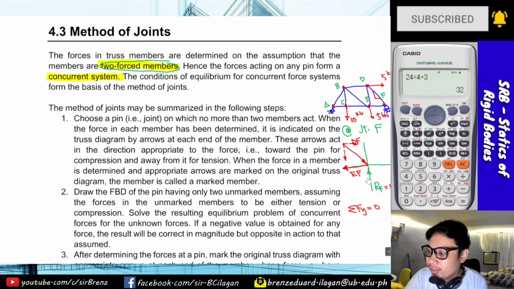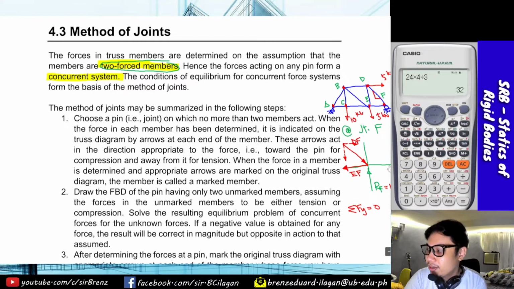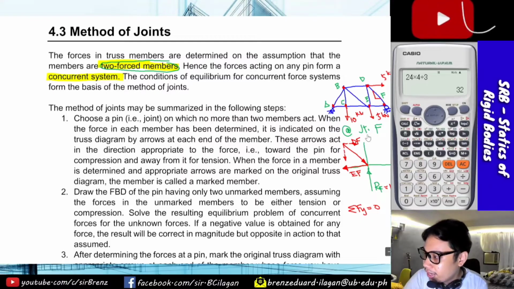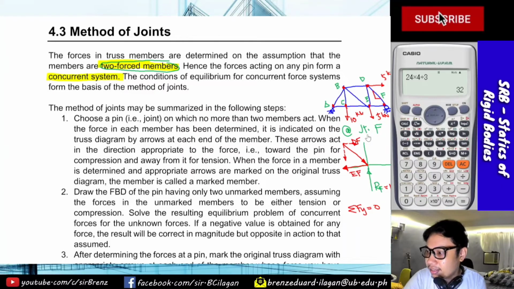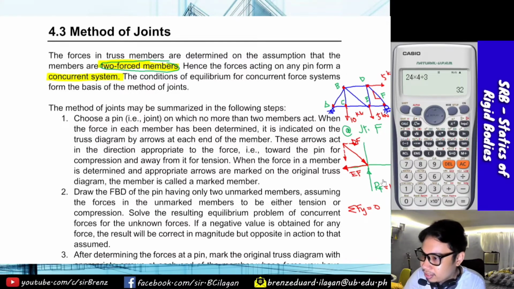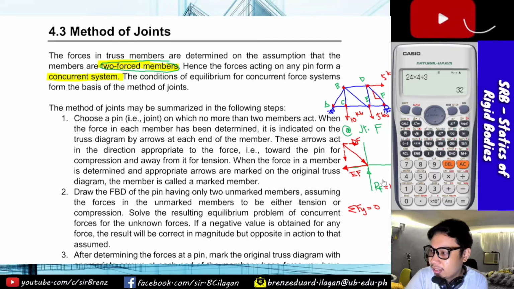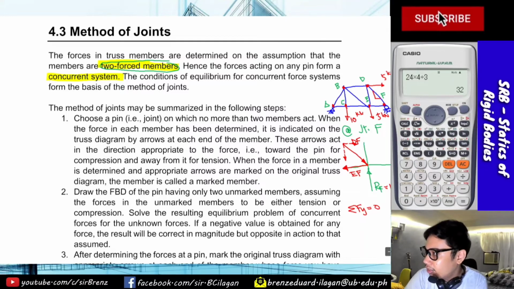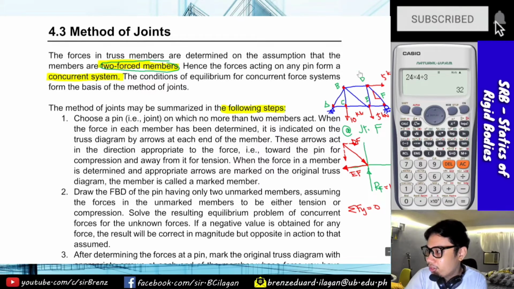Okay, so ganun, nag-a-assume ng direction ng force. But then again, if sakaling mali yung pagkaka-assume, wag mag-alala, the sign of the final answer will tell you if tama or mali ang nagawa mong assume ng direction. So technically, yun lang din naman yan. Itong i-discuss dito sa process ng or steps in solving a truss problem using method of joint. So ito na rin yung ginawa ko.